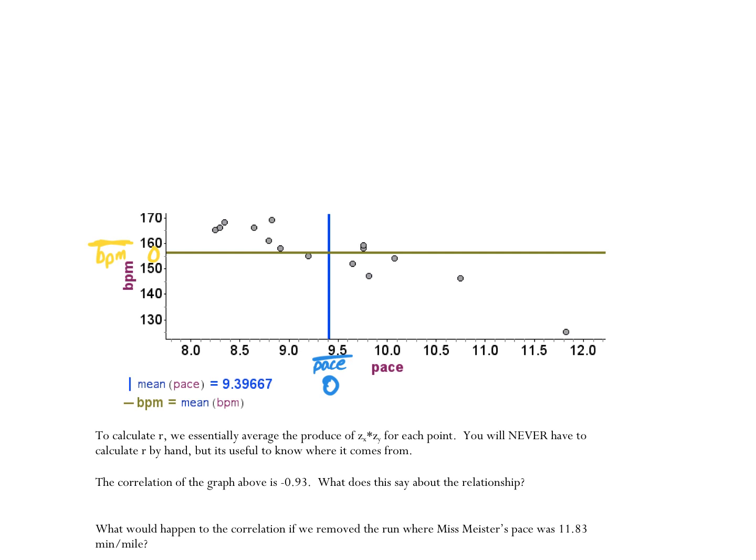Okay, so when we look at, say, this point right here, how many z-scores could we associate with it? 2. What's one z-score? If I had to describe where this point is, where would you say?